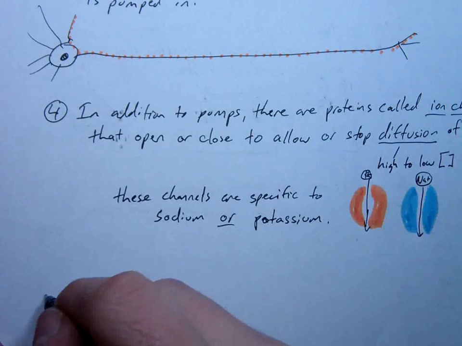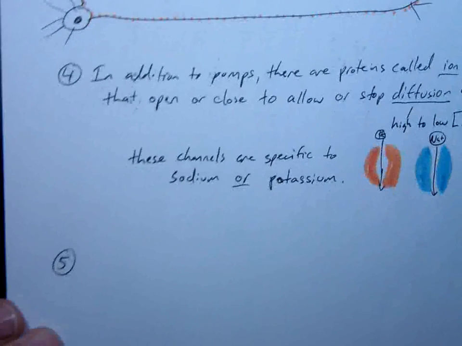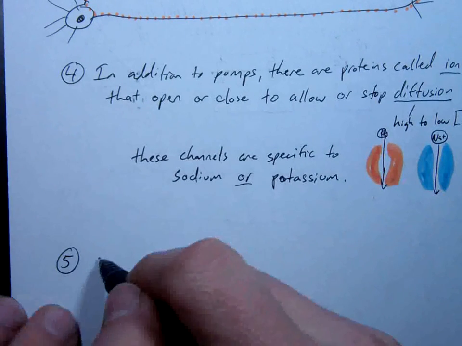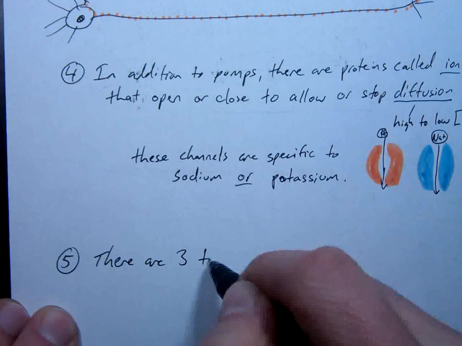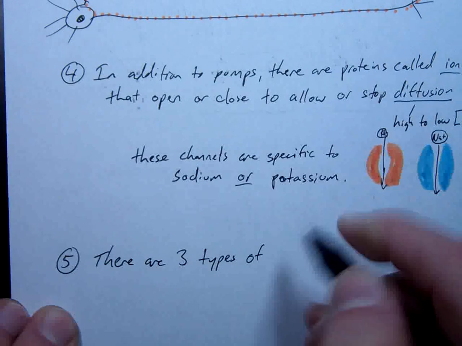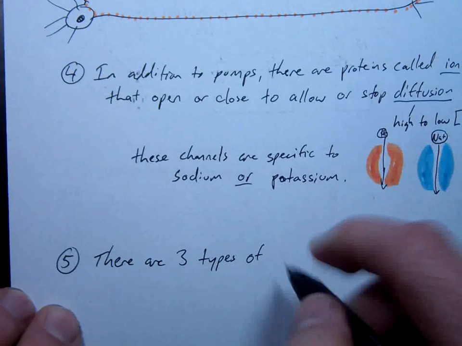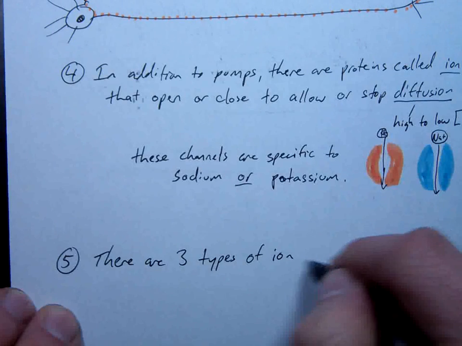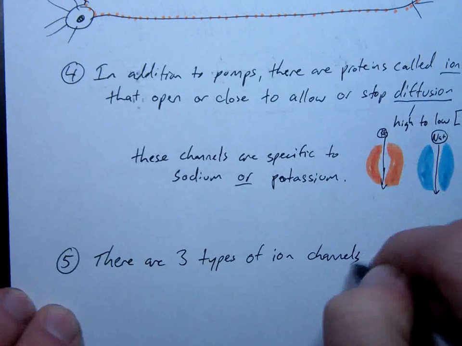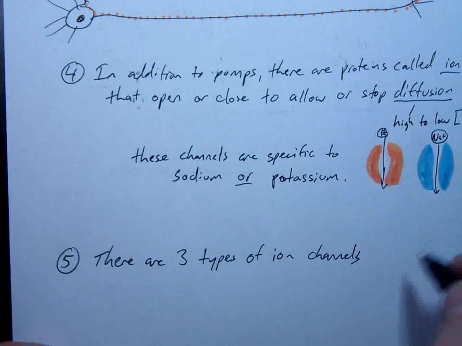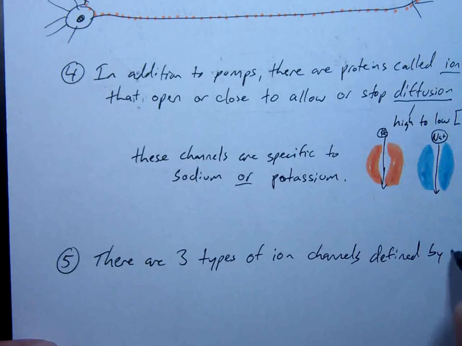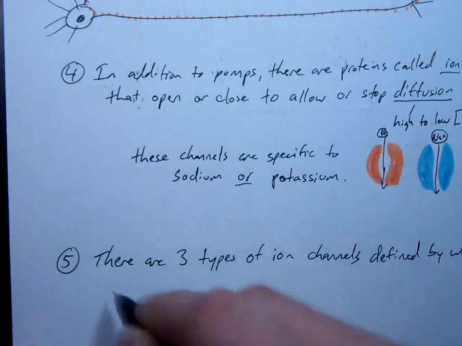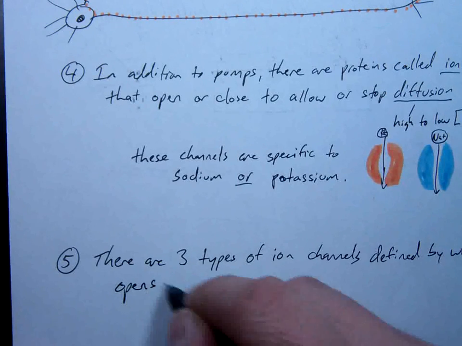All right, last concept is dealing with these things I just talked about. Number 5. There are 3 types of ion channels, defined by what opens or closes them.